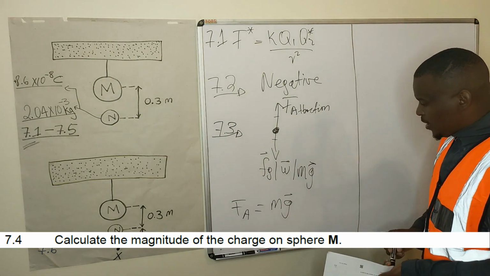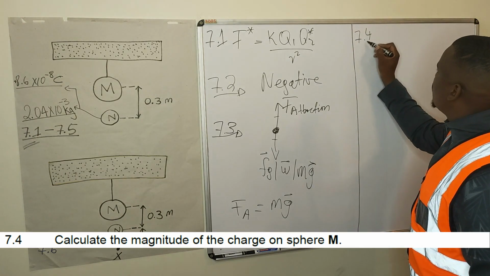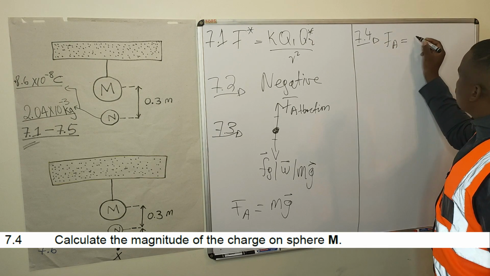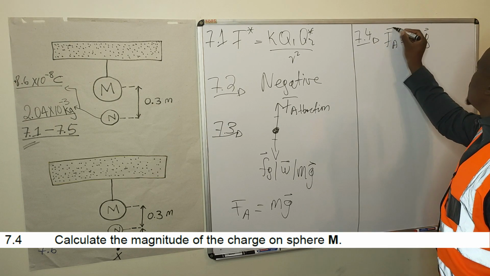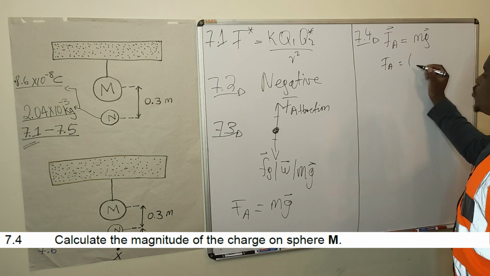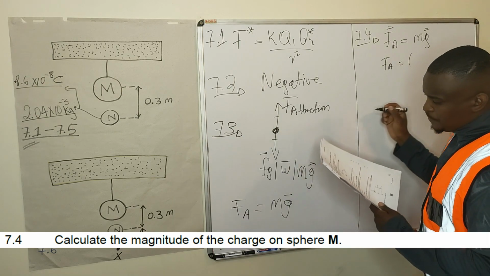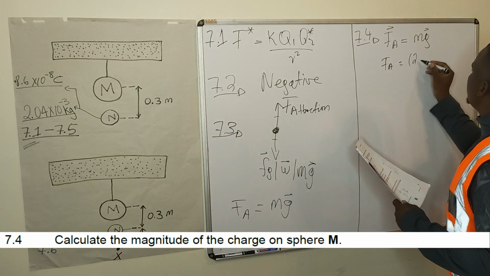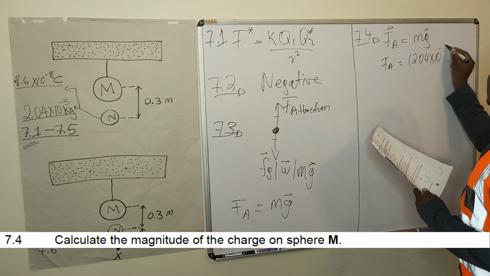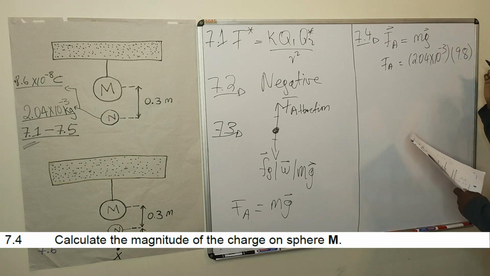So we can find 7.4. We can say the force of attraction was equal to mg. So the force of attraction is equal to what? m is the mass of this object here. It's 2.04 times 10 to the minus 3 kg times our gravitational acceleration, which is 9.8.